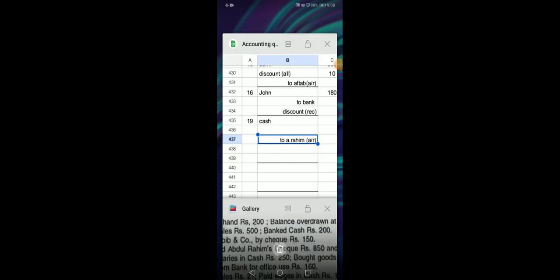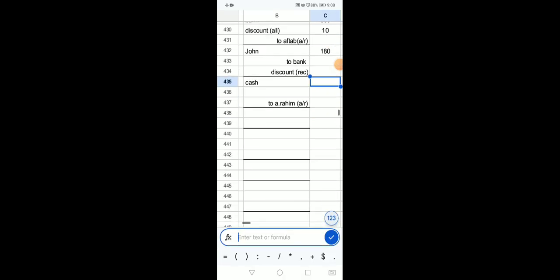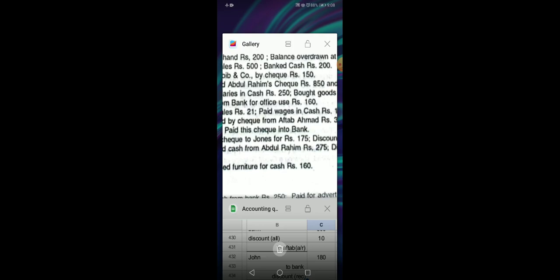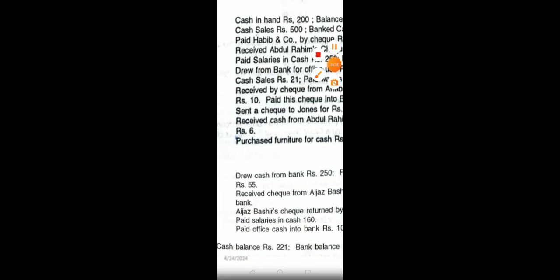Now let's focus on the amount. Entry number 19. You have received cash 275. So you will write 275 in front of cash. This is the amount you have received from your account receivable. The second aspect of this transaction is that there is a discount, and the discount is 6 rupees.